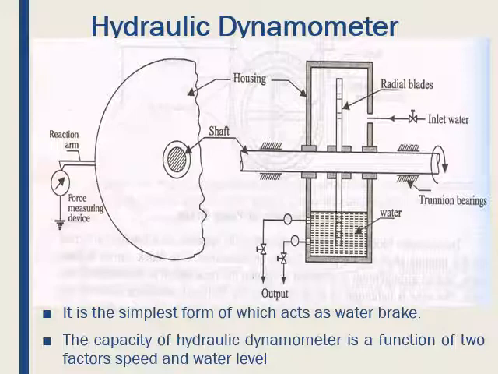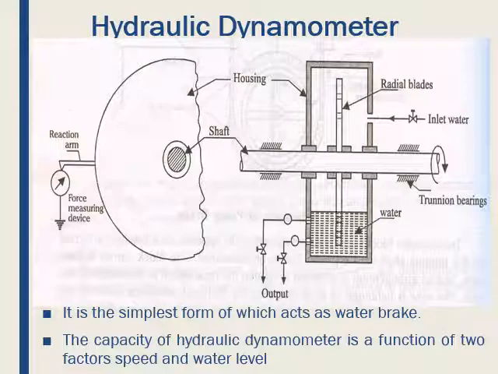The advantages of hydraulic dynamometers over mechanical brake type dynamometers are: the constant supply of water running through the brake acts as a coolant, and the brake power of very large and high-speed engines can be measured.